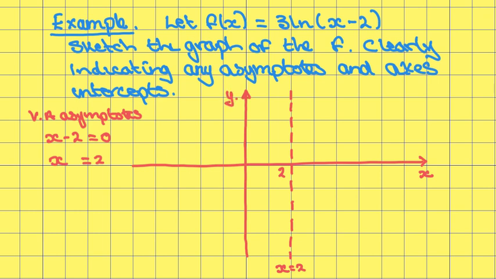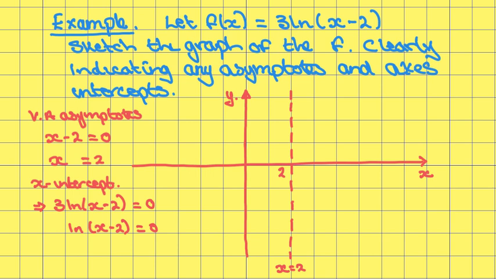And the second thing we've got to do is find the x-intercept. Well, that occurs when y is equal to 0. So therefore, 3 log x minus 2 must equal 0. So I can divide by 3. So log x minus 2 equals 0.